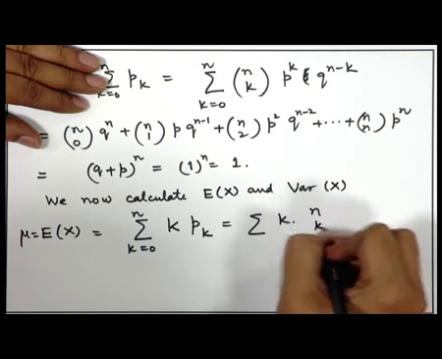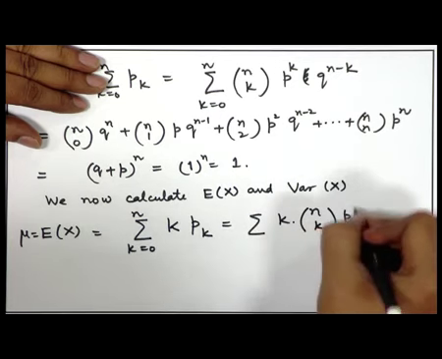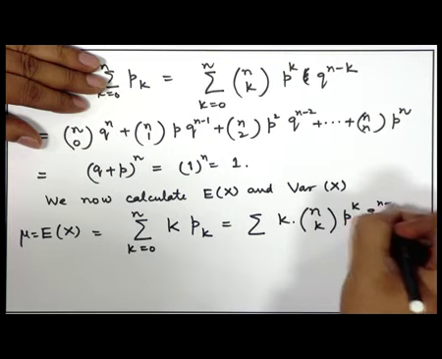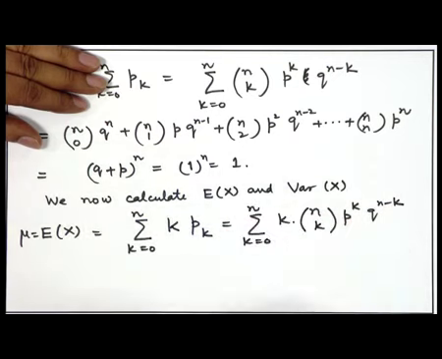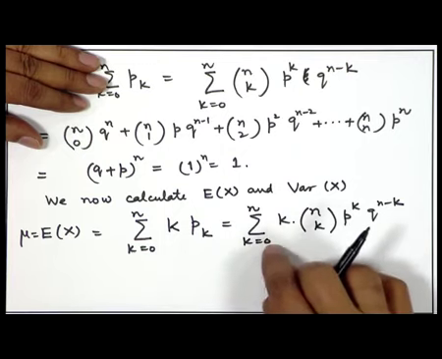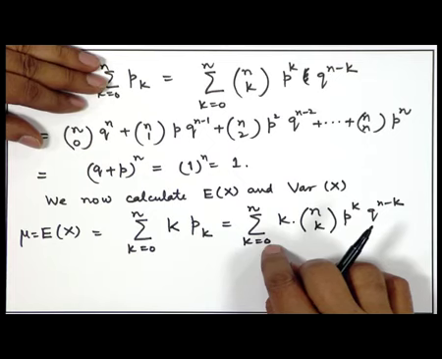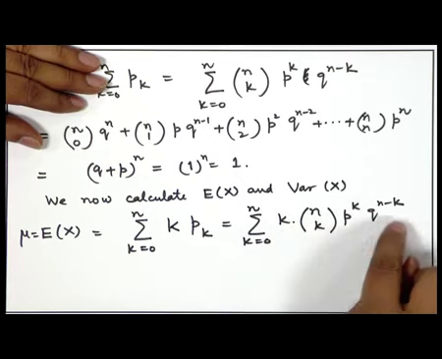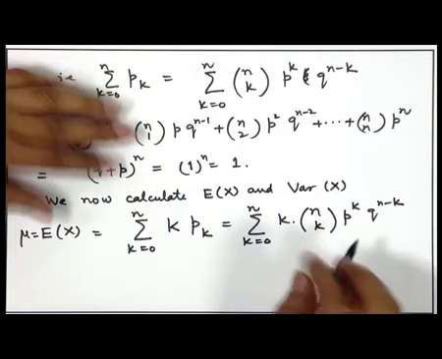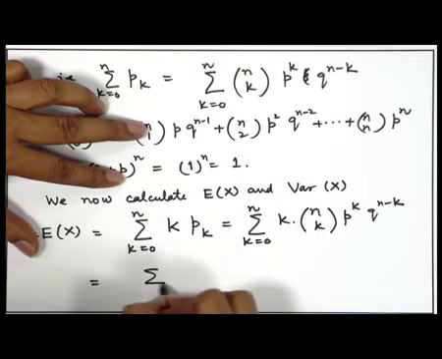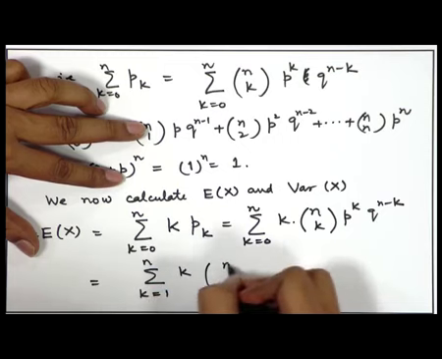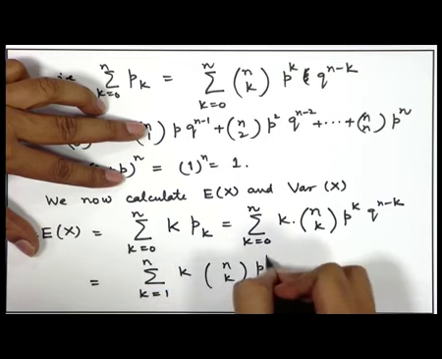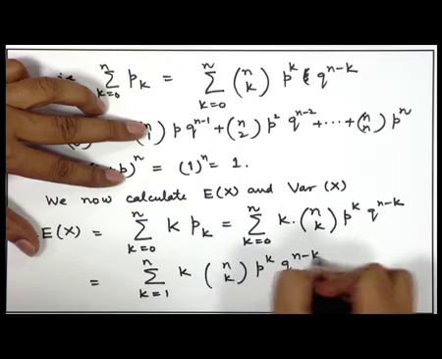Now, this is n c k p to the power k q to the power n minus k, k equal to 0 to n. You can see that in the summation here, the first term corresponds to k equal to 0. When you put k equal to 0, this term is actually 0. So, we can say it is equal to the sum from k equal to 1 to n of k into n c k p to the power k q to the power n minus k.